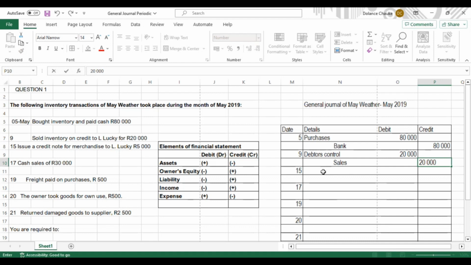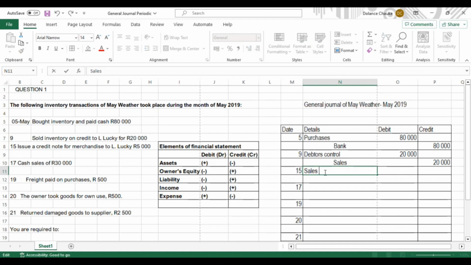Okay, so when the sales are returned like that, it means the 2 accounts affected are going to be sales returns and debtors control. Why? Because L Lucky was owing us 20,000. Whenever he returns the goods of 5,000 from the goods he purchased of 20,000, he's no longer owing us 20,000. So there's a decrease of debtors control by 5,000. So when we get here, we're going to debit sales returns. Remember, sales is an income account, but when it's returned, it's going to decrease our income, right?